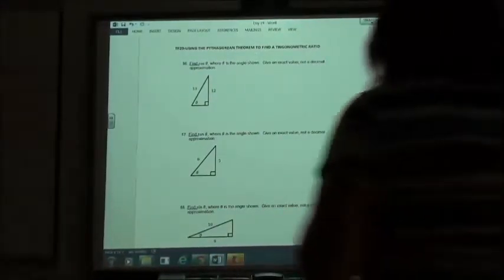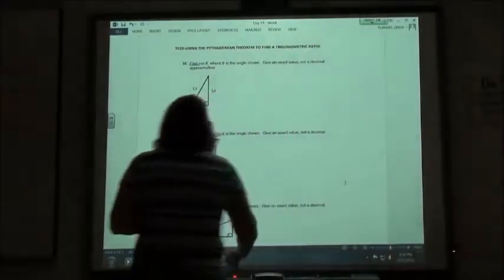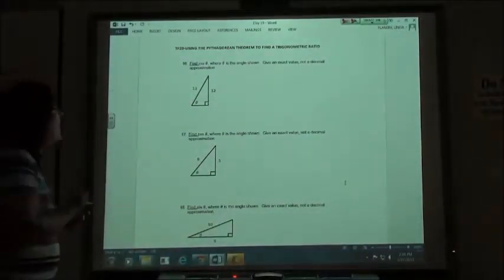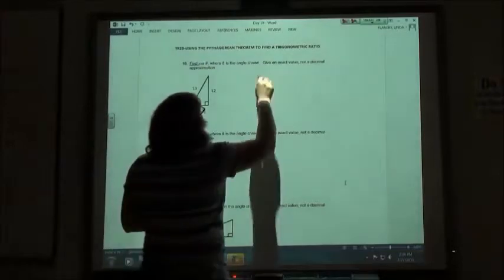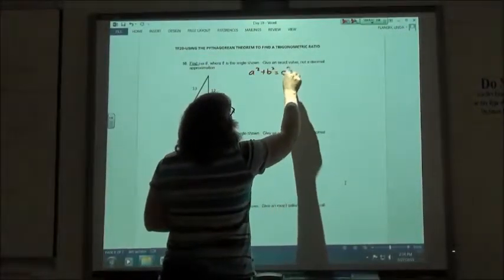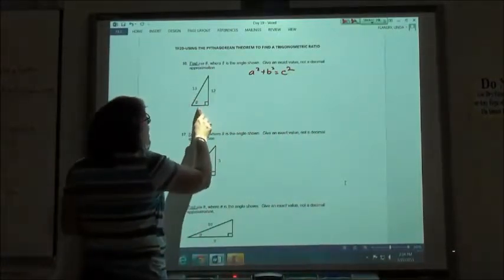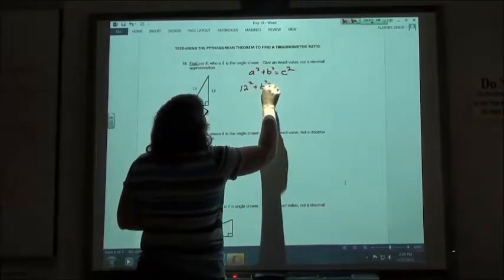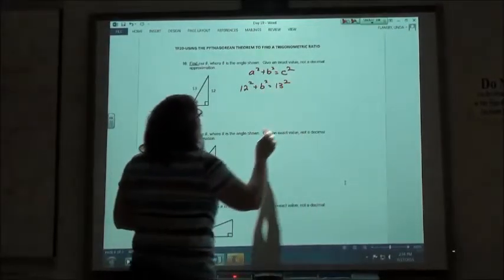The next ones, we're going to use the Pythagorean theorem to find our missing sides so that we can find cosine, tangent, sine, whatever they might ask for. So Pythagorean theorem says that a squared plus b squared equals c squared. So the 2 legs equals the hypotenuse. So 12 squared plus b squared would have to equal 13 squared.